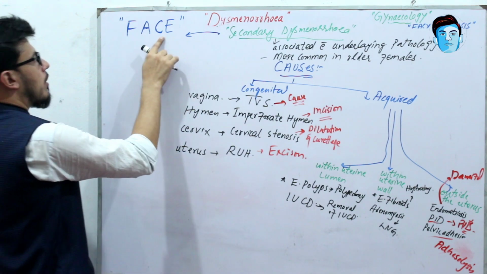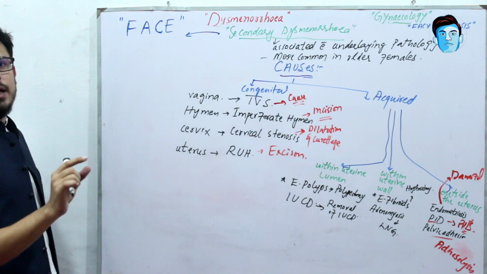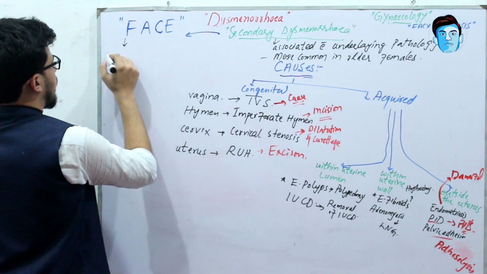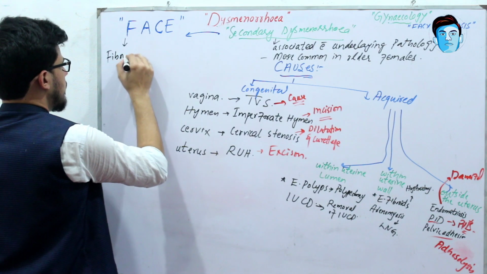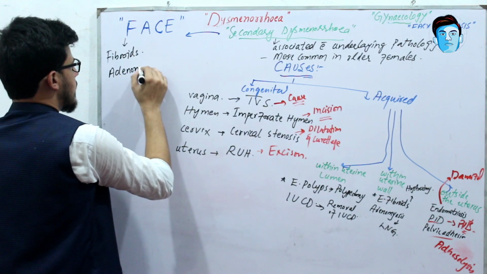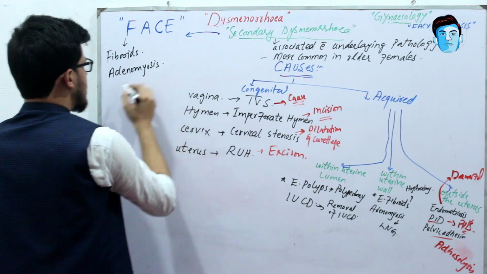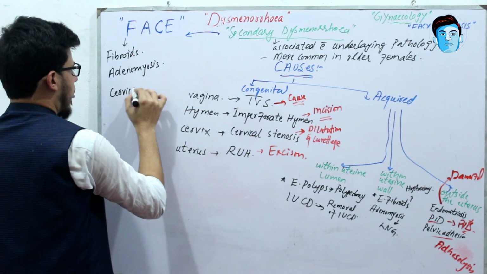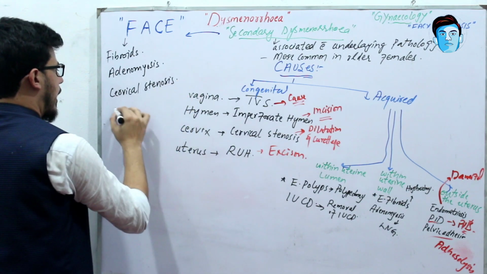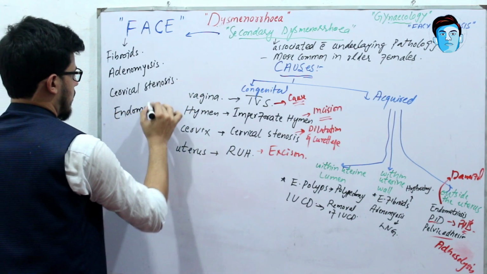From the FACE, each alphabet corresponds to one of the conditions. F stands for fibroids, A stands for adenomyosis, C stands for cervical stenosis, while E stands for endometriosis.